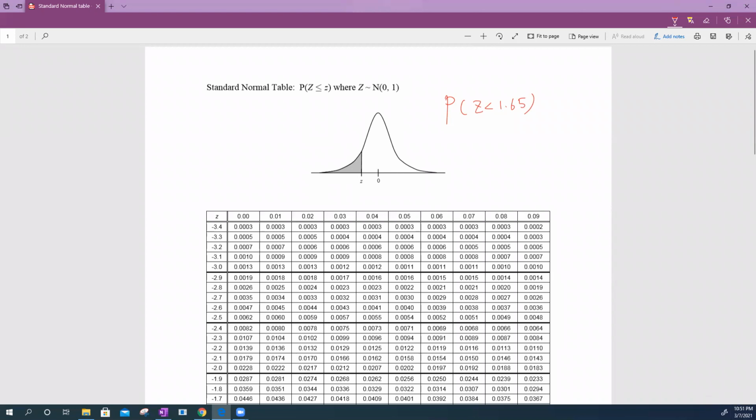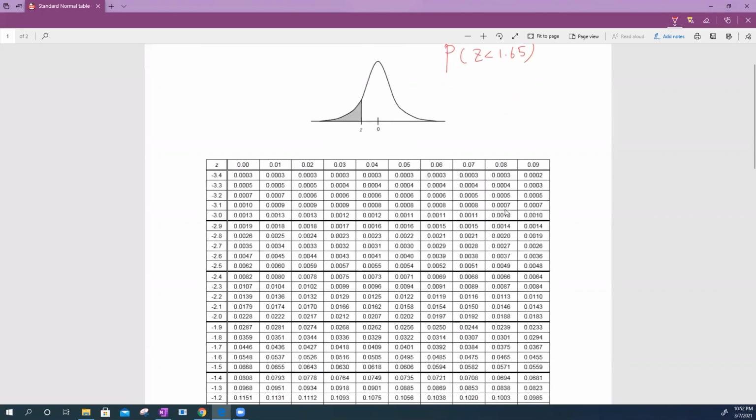And again, the smaller than sign is very important because this is the area to the left. So only when you see the smaller than sign, you can directly use the table. Otherwise, you need a few more steps to transform the sign to a smaller than sign in order to use the standard normal table.